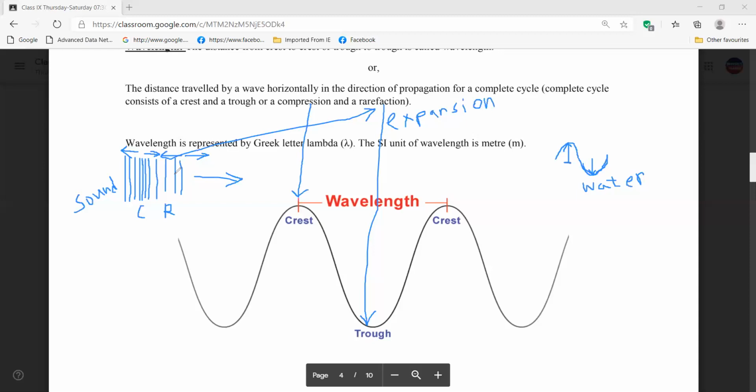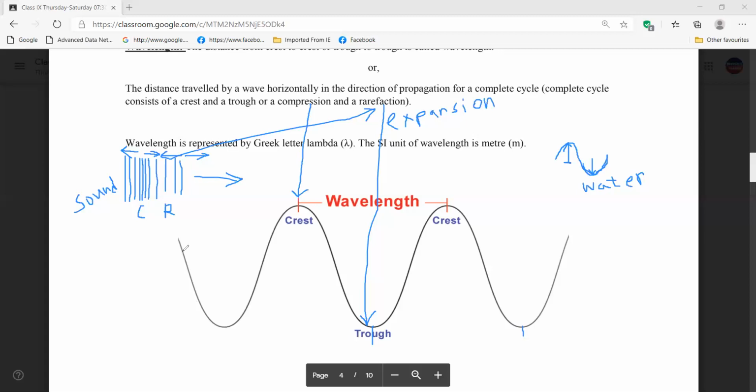Very good. So now look, the distance from one crest to another crest is called wavelength. Or the distance from one trough to the next trough is also called wavelength.